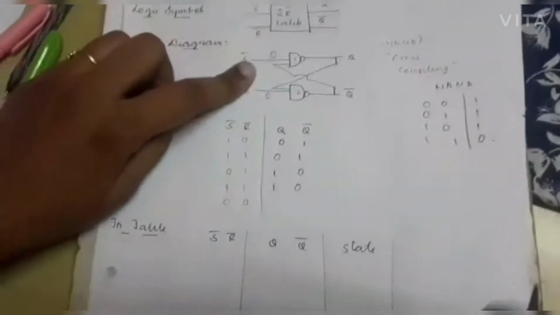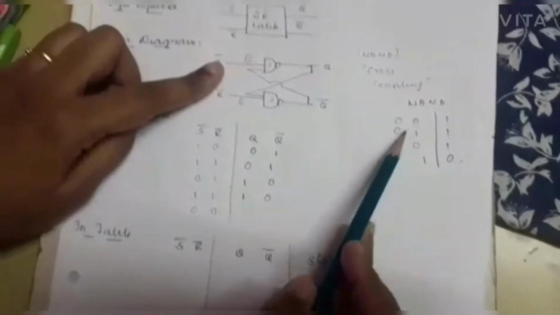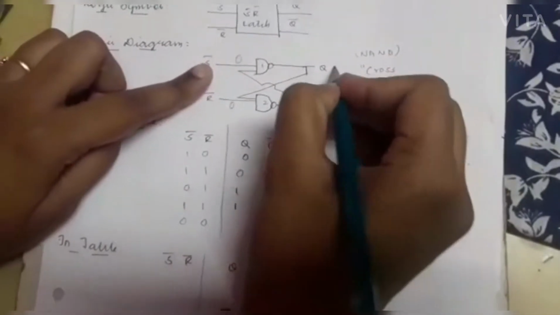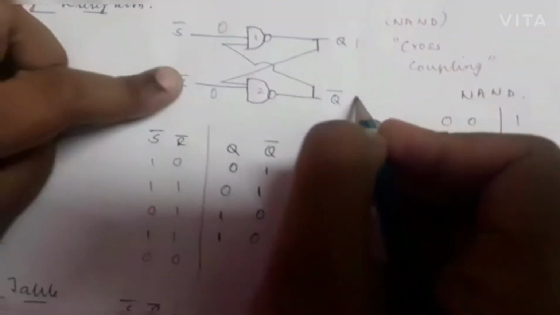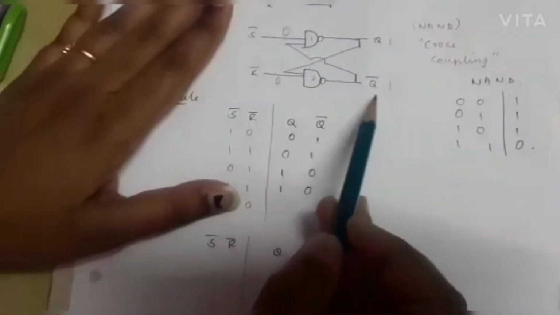For the 0, 0 combination, my S bar is 0, similarly R bar is 0. Irrespective of the other input, if one of the inputs is 0, my output will be 1. So here it is 1. Similarly, here also it is 1. If you take this as 0, then the output will be 1.